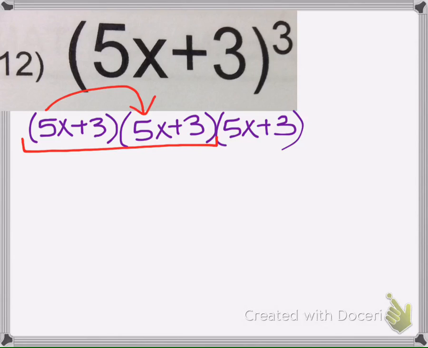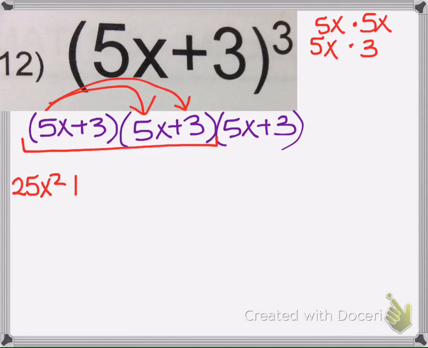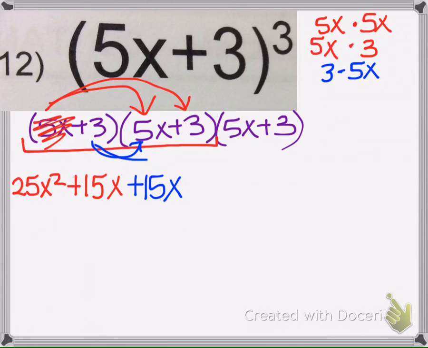So I have 5x times 5x, 5x times 3, now we have 3 times 5x, we have 3 times 3. Remember, all of that is still in parentheses because it's touching this one here that has to be multiplied.